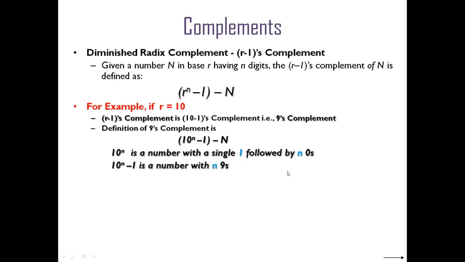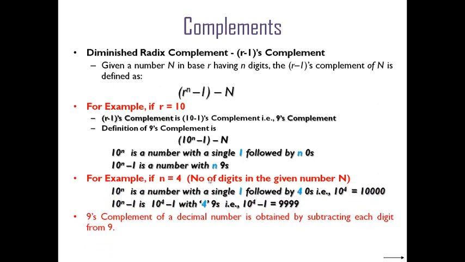For example, considering n equal to 4, 10 power 4 indicates 1 after 4 zeros, that is 10,000.